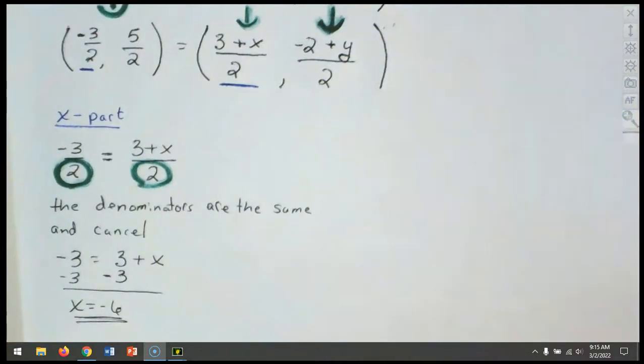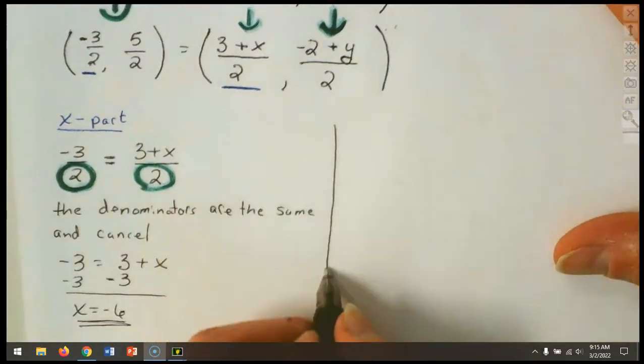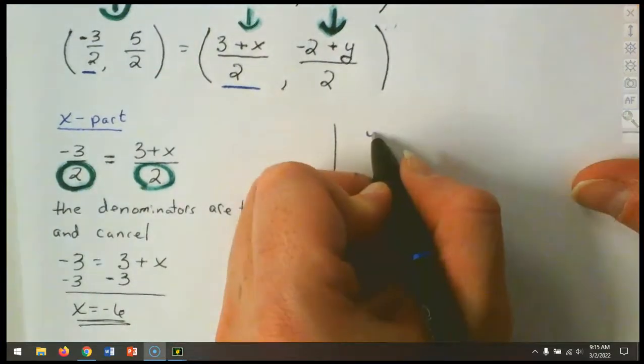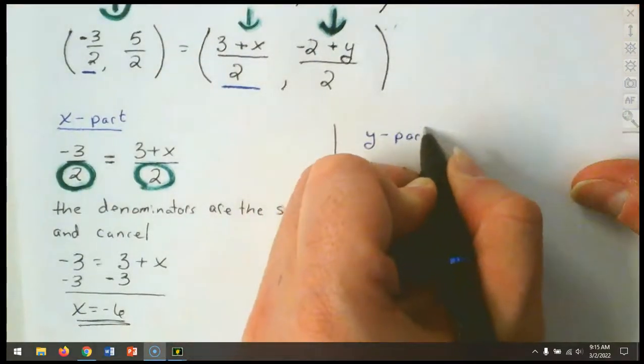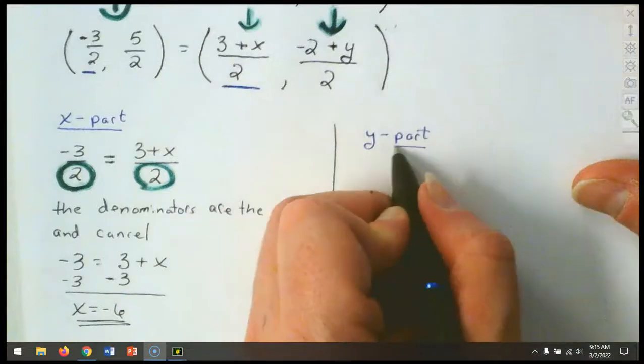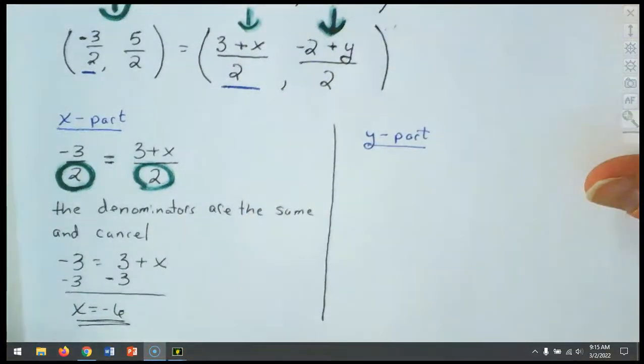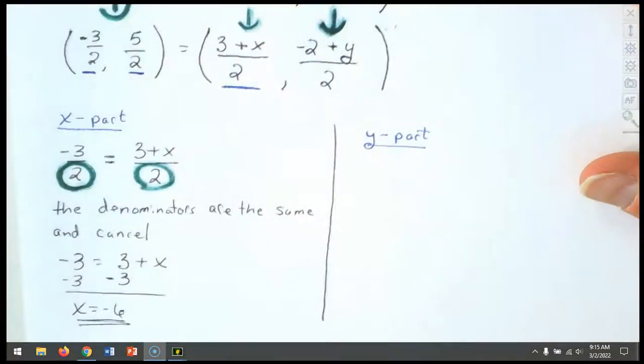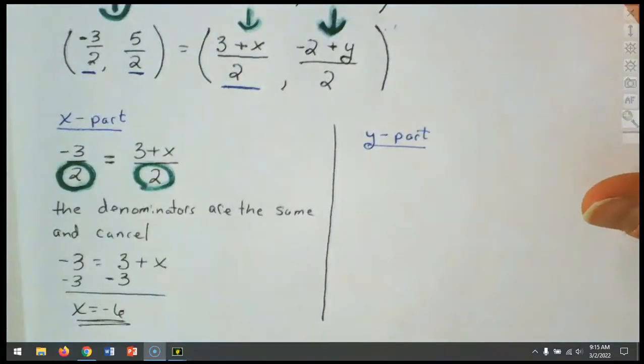So that's half of it. We need to get the other half. And the other half is going to be the y part. And what's in our y part here? When you look at our y part, we look at what's behind the comma. So what's behind our comma?